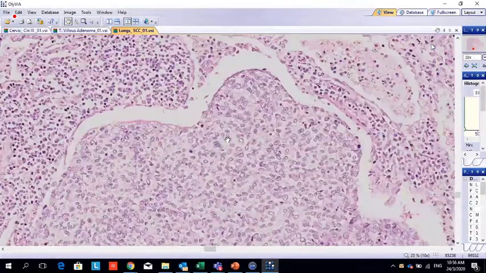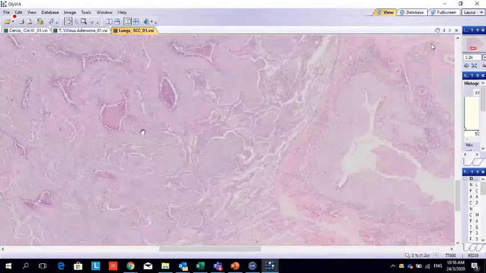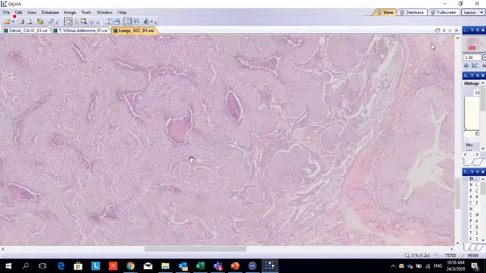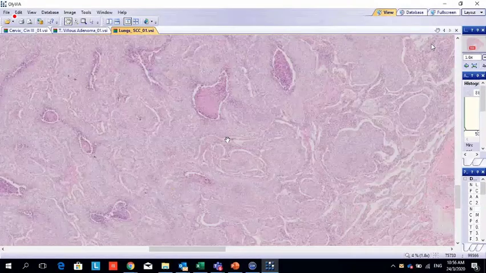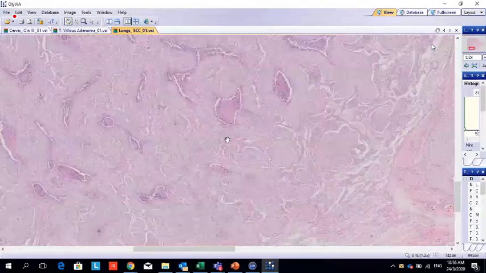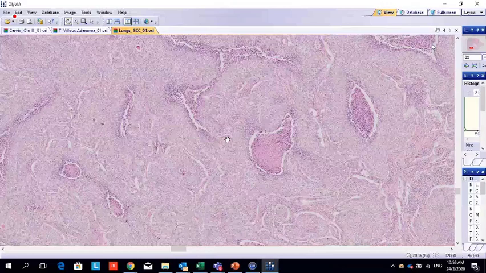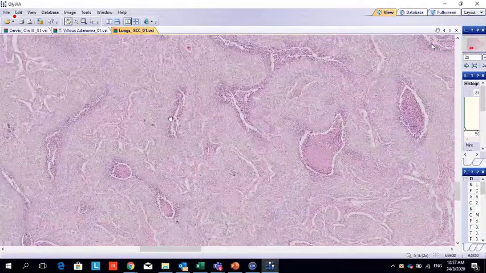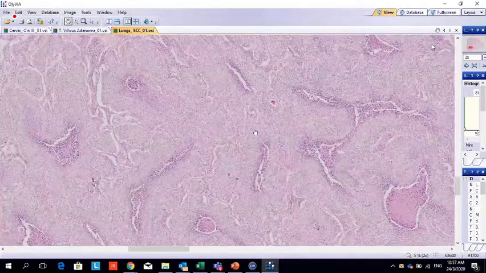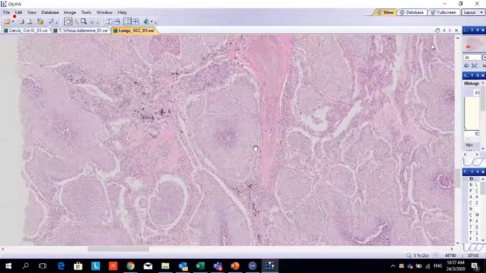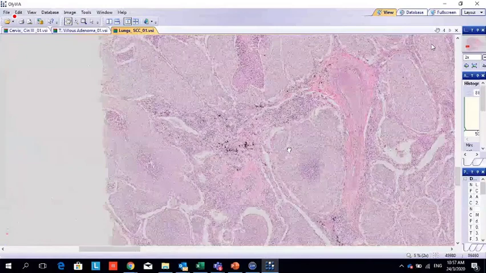This one is already poorly differentiated because we cannot see a lot of keratin pearl, but we identify it as squamous because we still see occasional keratin. Here, can you see there? Occasional means seldom to find the keratin. Why do we say poorly differentiated? Because we cannot see abundant keratin, only a few.